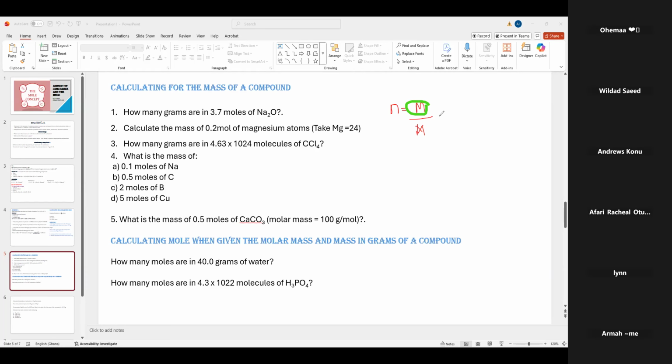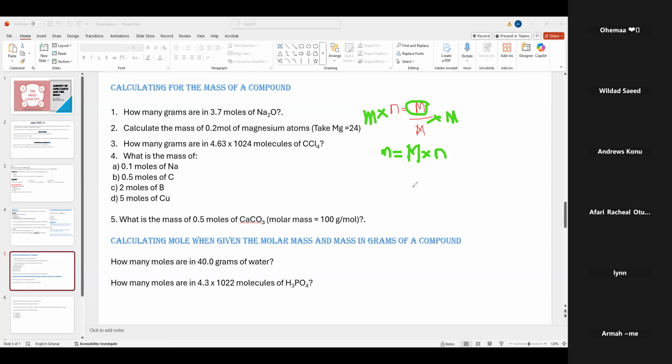If you are making small m the subject, just multiply here by capital M, multiply here too by capital M. So small m will now be equal to capital M times n. Do we get this? Yes, sir. Yes, please.